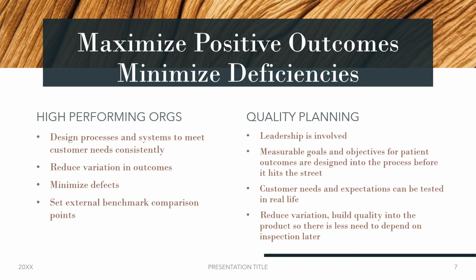You should be focused on setting some benchmark comparison points so that you have a baseline to refer back to. We've made this much change because before we started, the outcome was this, and since we've started initiating these changes, the outcome has been this and this and this.